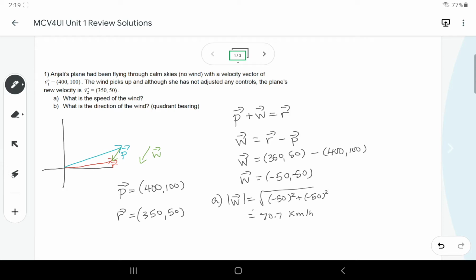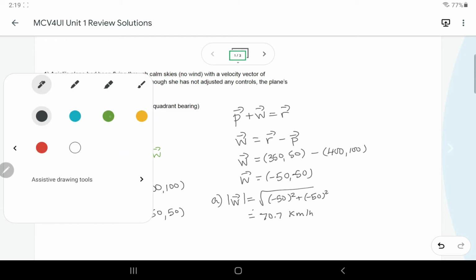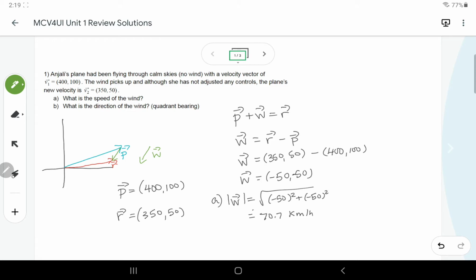Okay, the angle. I'm just going to reorient over here. This wind vector is negative 50, negative 50. I'm going to do the work of this, even though you are probably looking at this and saying, oh, it's a 45-degree angle because it's going down and to the left exactly the same amount.